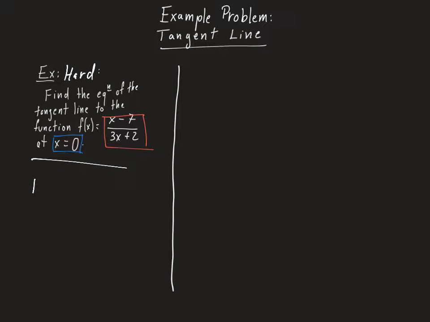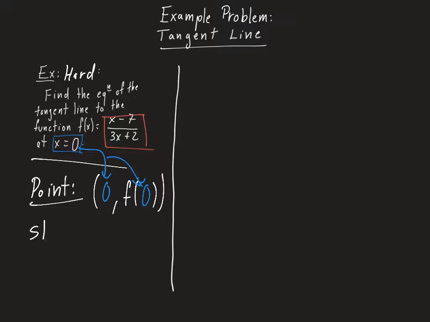Okay, so once again, our point is going to be 0, comma, f of 0. Whatever the value is that we're told to look at here is the one that we are punching in these two places.